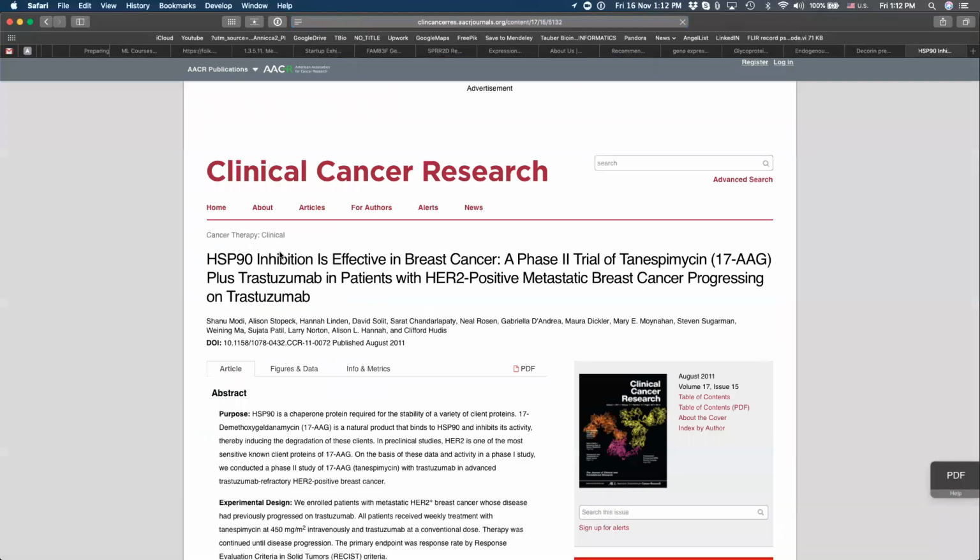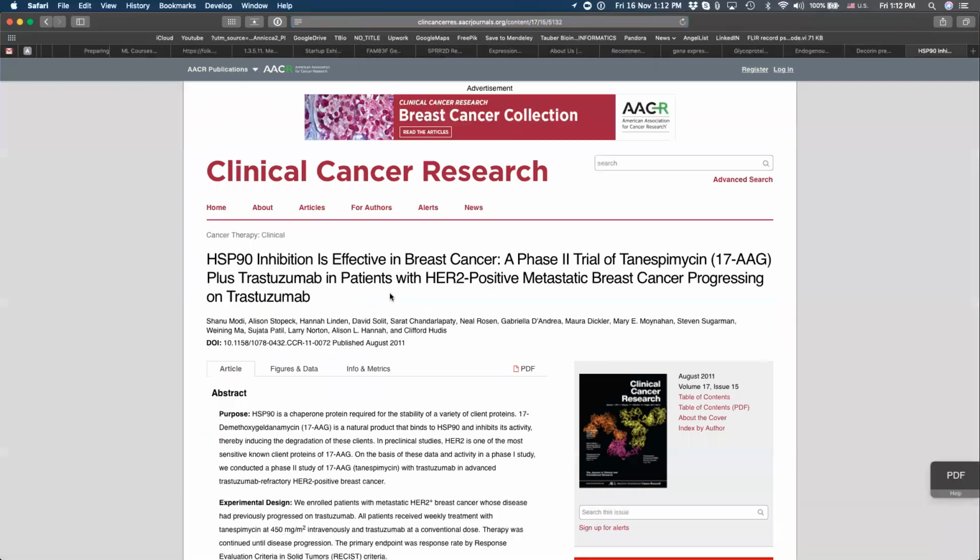clinical trial. And I think it's interesting to understand how these drugs get discovered. What exactly do they do, their mechanism of action, and then how are they planned to be used? So, for example, here you can see that HSP90 inhibition is effective in breast cancer, a phase 2 trial of this drug that we have right here, plus another drug.